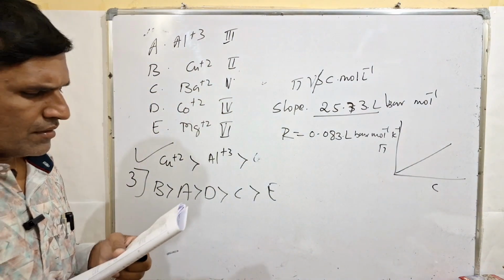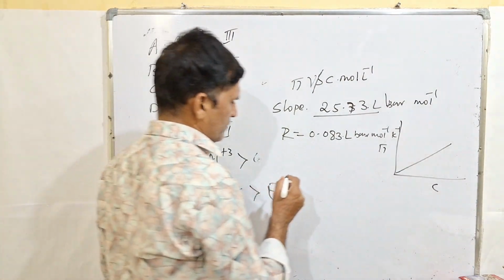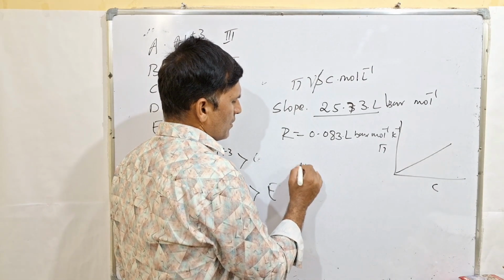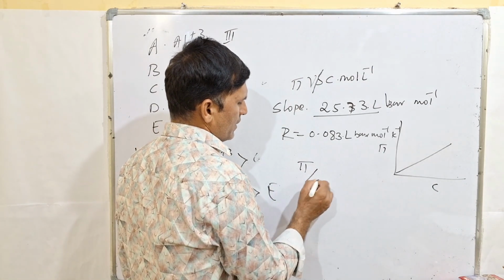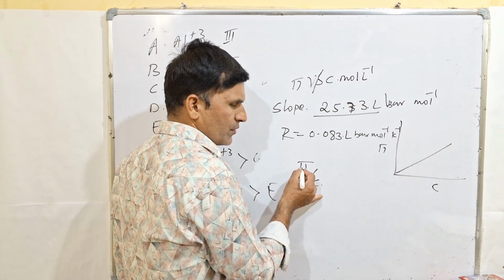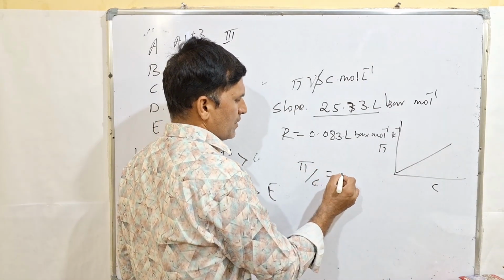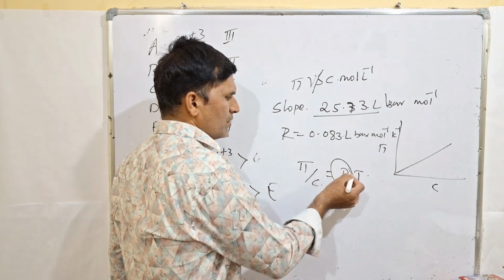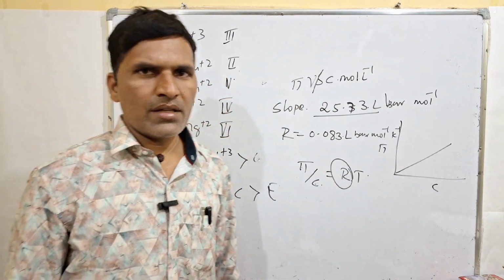We know that pi by C, osmotic pressure versus concentration, is equal to RT. R is already known, and T we are expected to calculate.